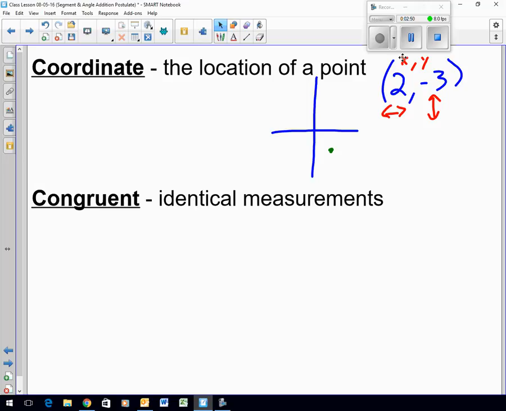What is this big block thing right there? It's a rectangle. Are they similar? Yeah, they're similar, they're just different sizes, right? Are they congruent? No, because they're not identical.